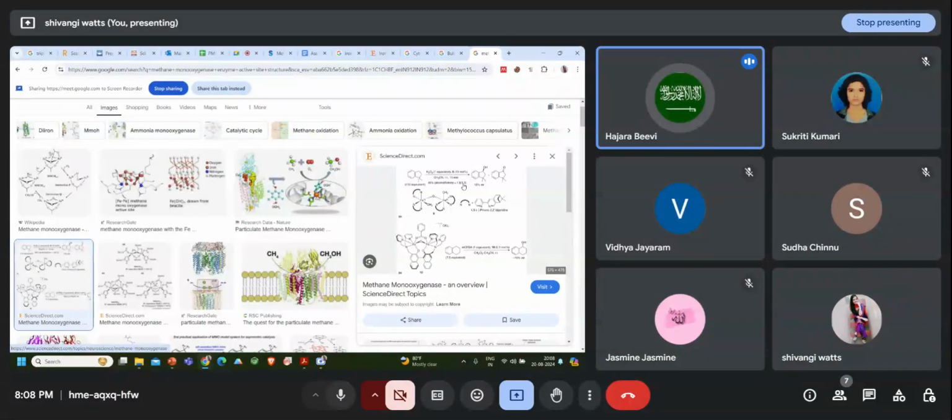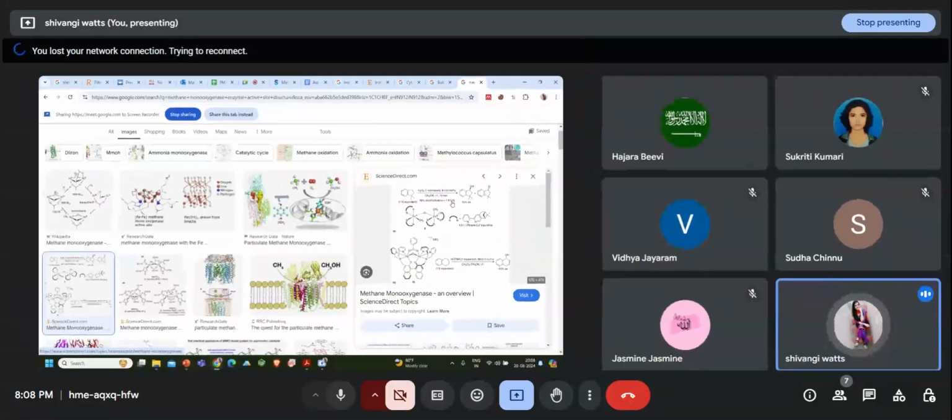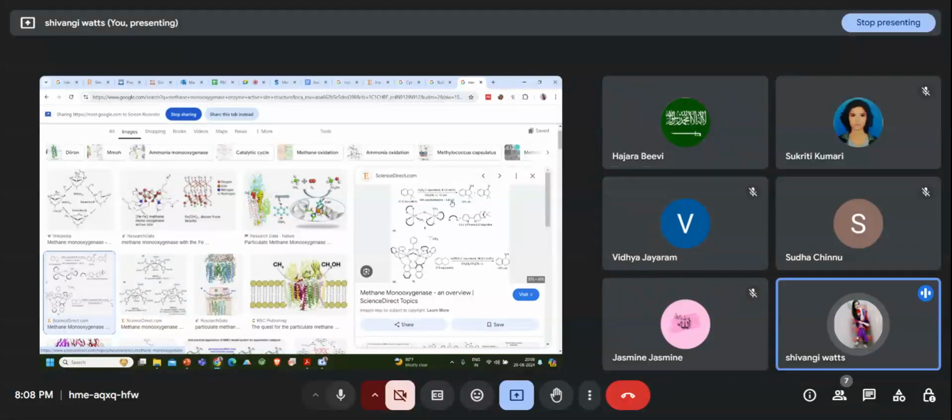Storage of iron is carried out by ferritin. Transport of iron is by transferrin, and transport of oxygen is by hemoglobin. I wrote it wrongly there. Fine.